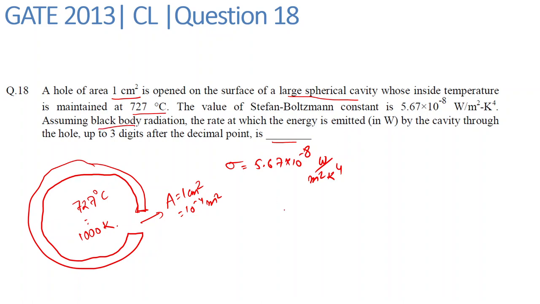So here we can use the correlation given by Stefan-Boltzmann, that is Q is equal to sigma A T raised to 4, where sigma is the Stefan-Boltzmann constant and A is the area through which radiation occurs.